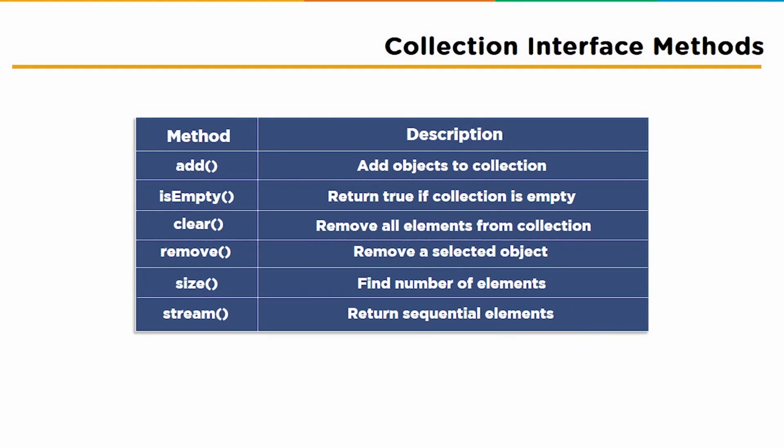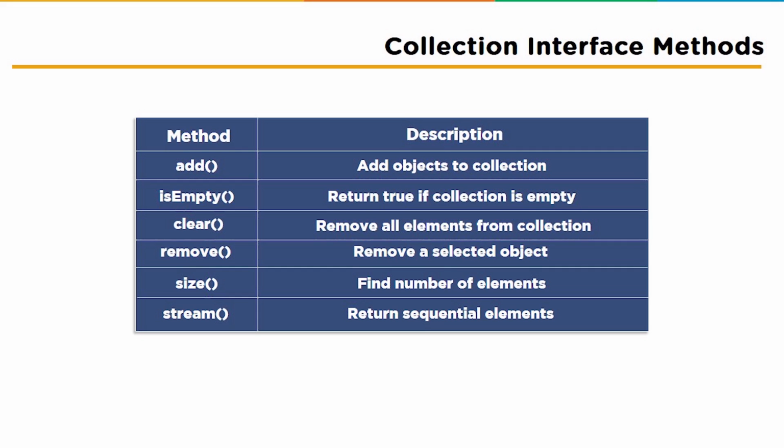This method returns true if the collection contains no elements. Followed by that we have the clear method, and this method is used to remove all the elements from the collection. Followed by that we have the remove method. This method is used to remove the given object from the collection. If there are duplicate values, then this method removes the first occurrence of the object.